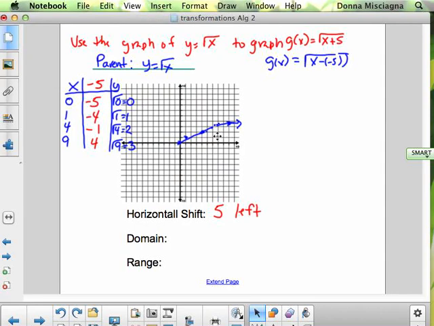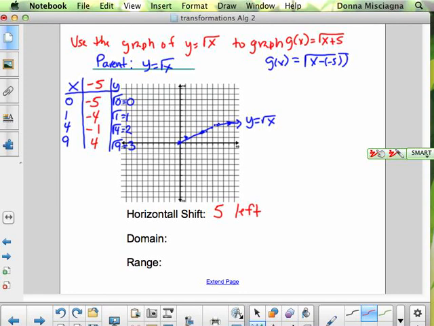All right, so now we're going to graph the transformed graph. That's the parent graph. So the blue graph there is y equals the square root of x. The red graph is going to be g of x equals the square root of x plus 5. All right, so now the graph is shifting 5 to the left.